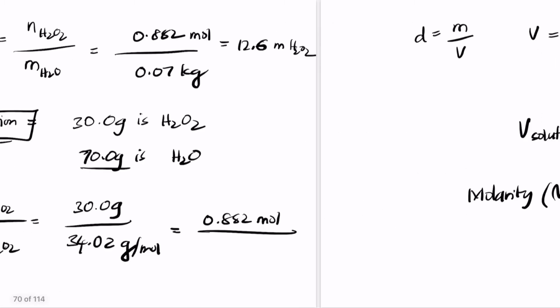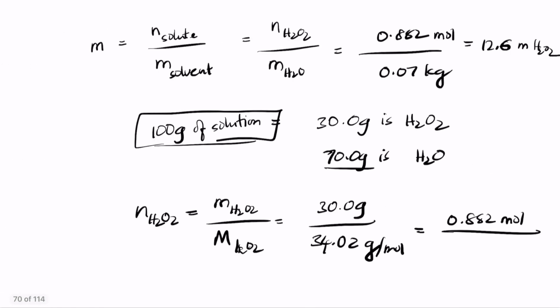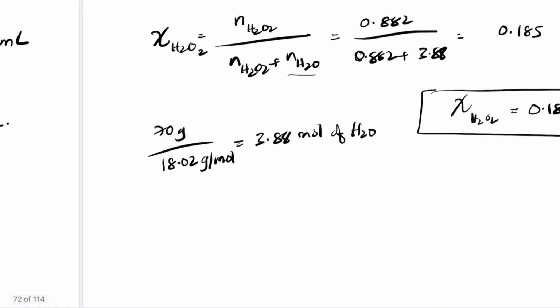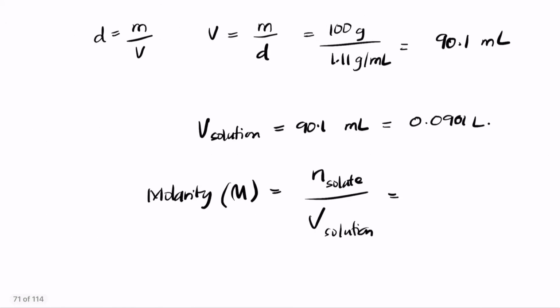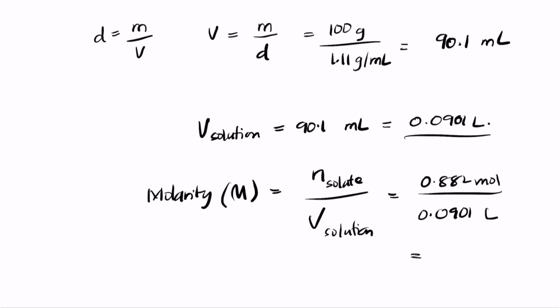The number of moles of solute here is 0.882 mole, divided by the volume of the solution, 0.0901 liter. When you calculate, the final answer will be 9.79 M H2O2. So this is the molarity of the solution.